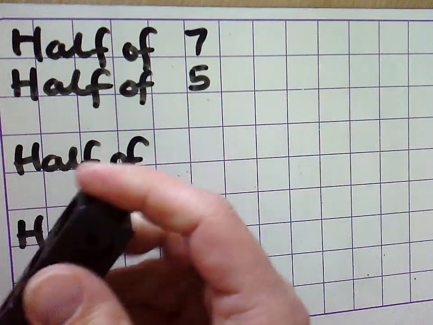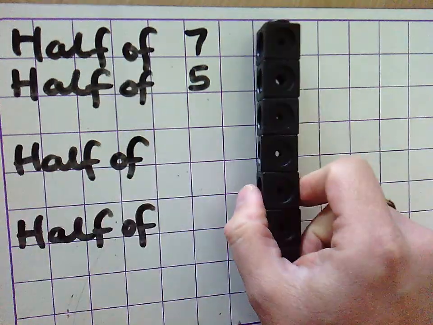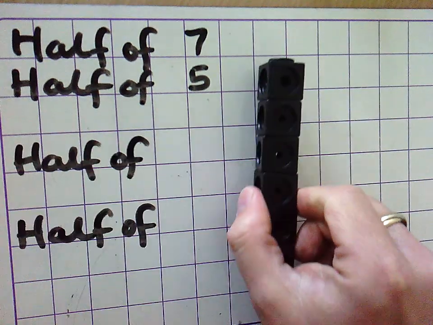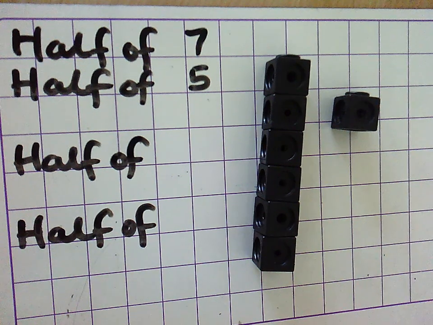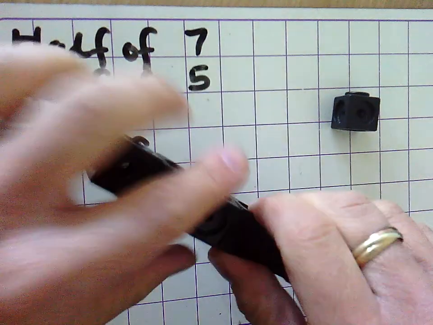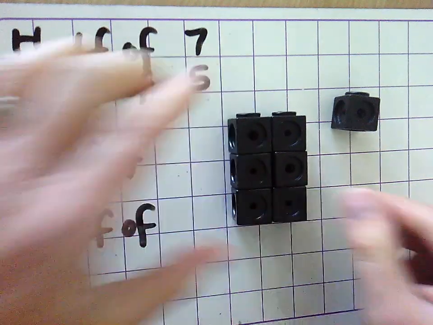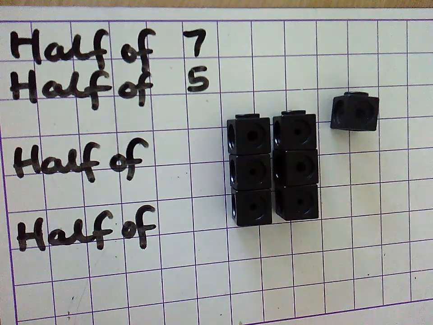So the thing with 7 is we can take one away, leaving 6. Okay, so we've got the 6 and the 1, and then because it's a nice even number, people can more easily remember what half of 6 is.